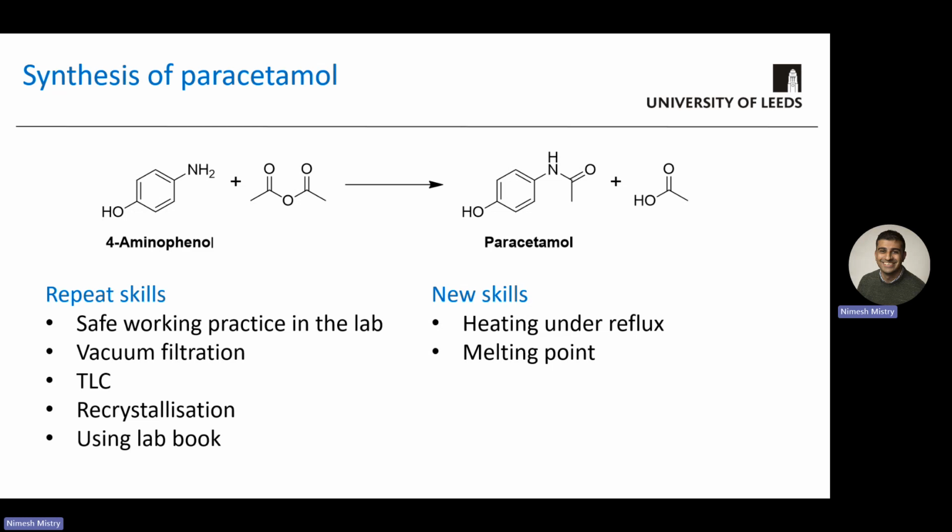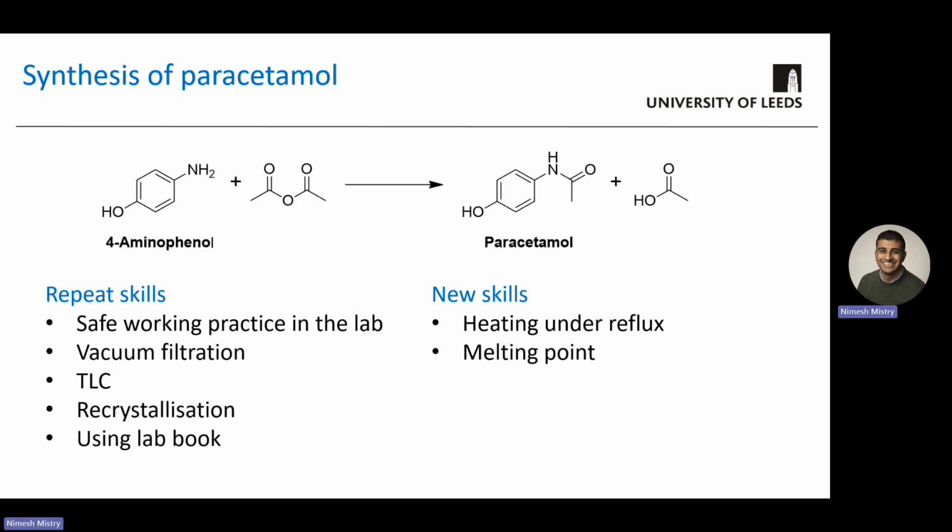So the amine is reacting with one of these two carbonyl groups to make an amide bond, and then you're kicking out the rest of this portion of acetic anhydride, which becomes the acetic acid byproduct of this reaction.